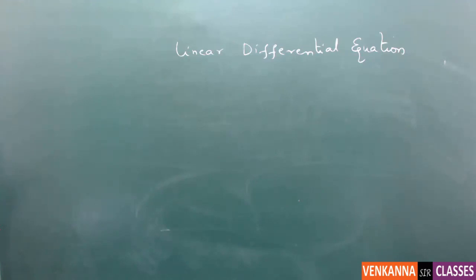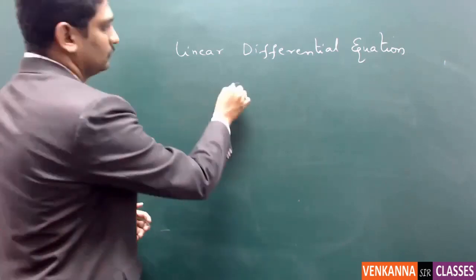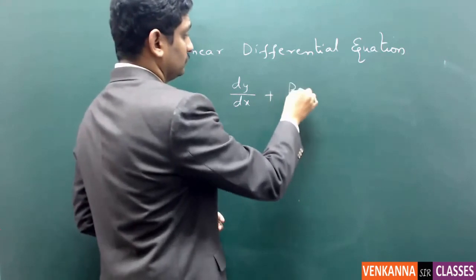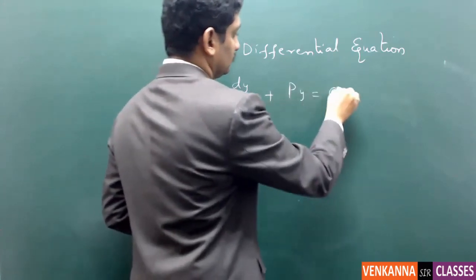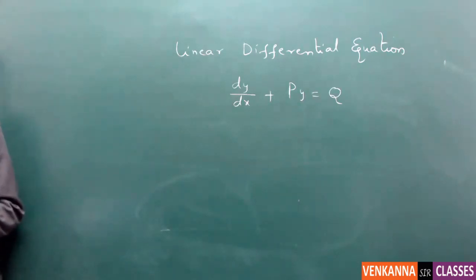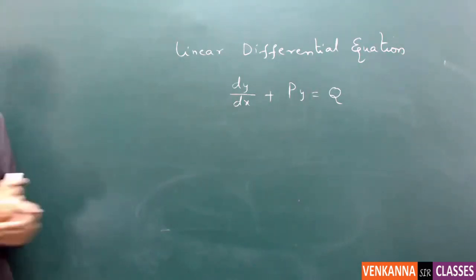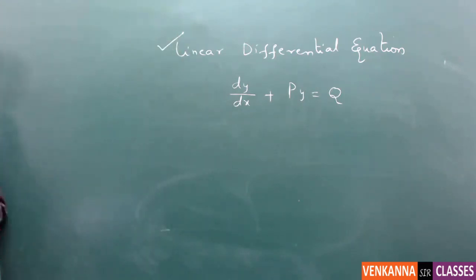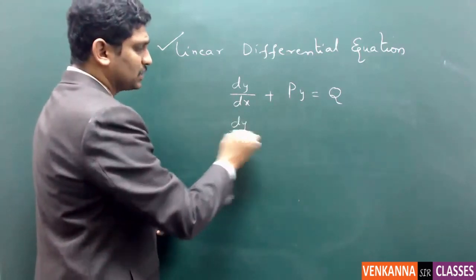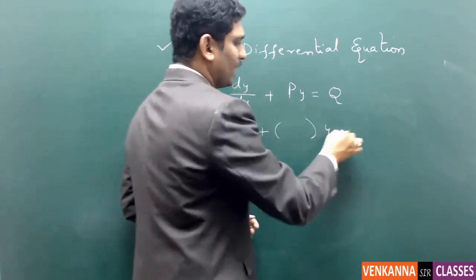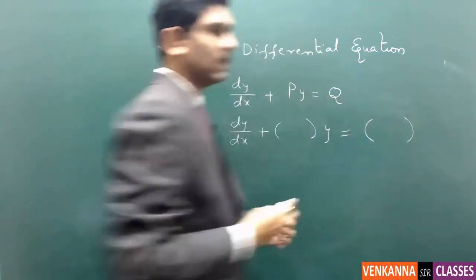We know that the equation of the form dy by dx plus p into y equal to q is called a linear differential equation. In other words, dy by dx plus some coefficient into y equal to some terms.